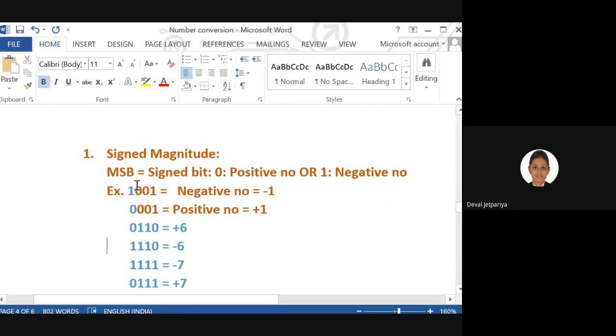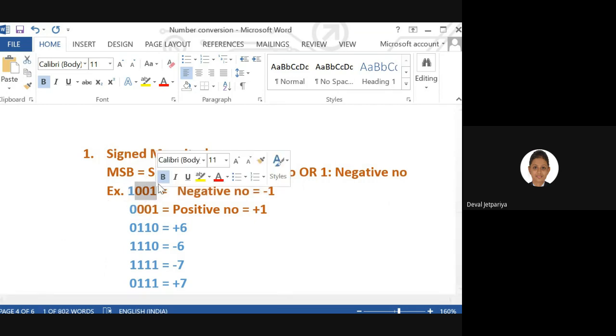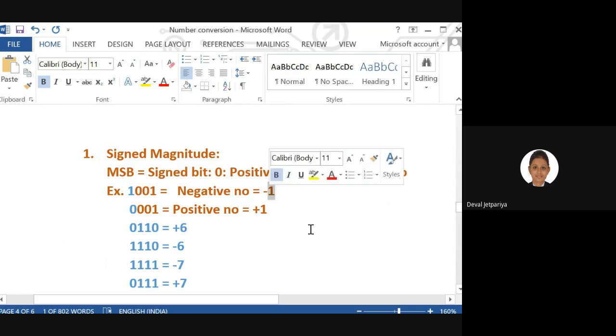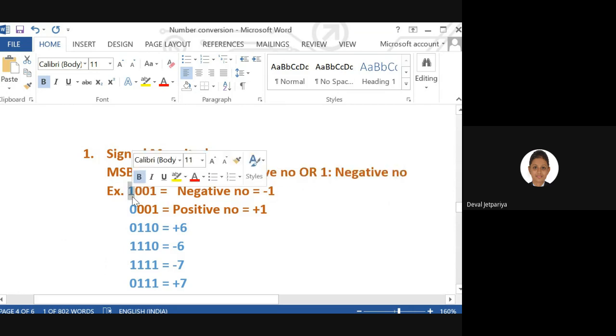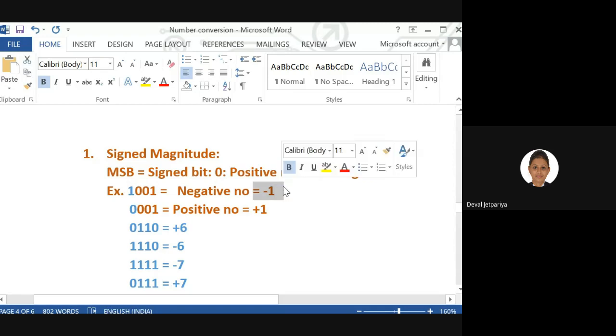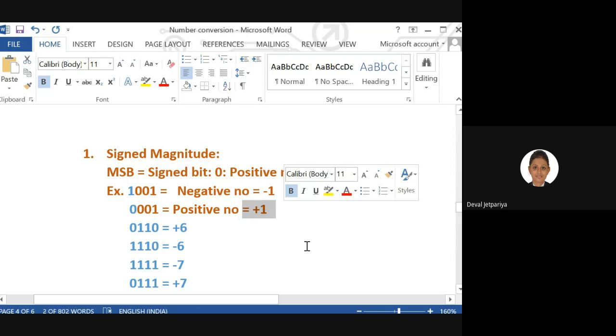What you need to interpret from it: suppose this is the number, then you just need to ignore the first bit and find the binary of these 3 bits. We all know 001, that is 1. After that, suppose the first bit is 1, that means you are talking about -1. Suppose the first value is 0, that means you are talking about +1.